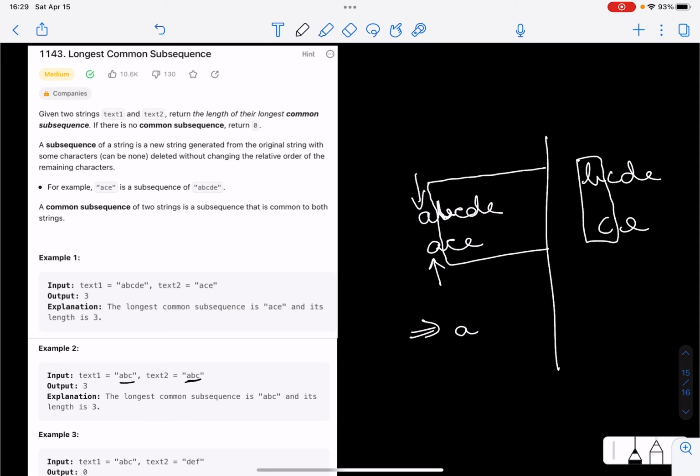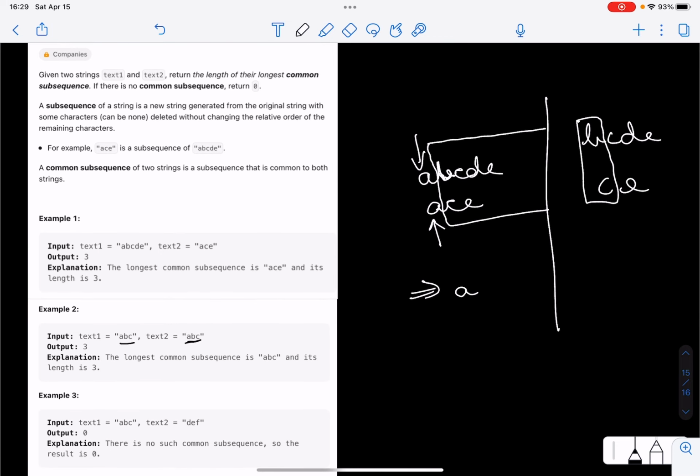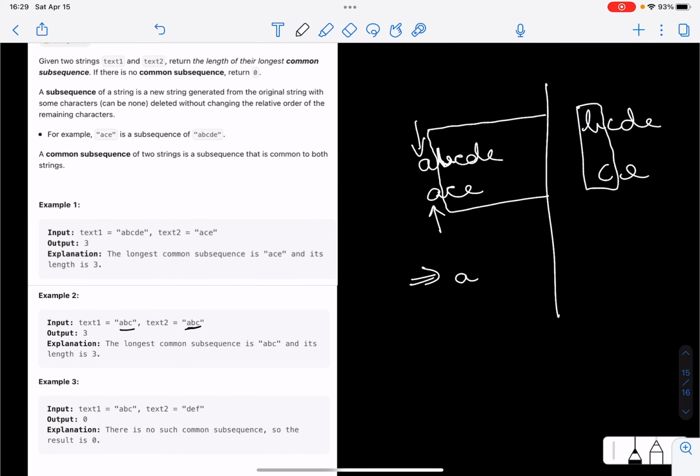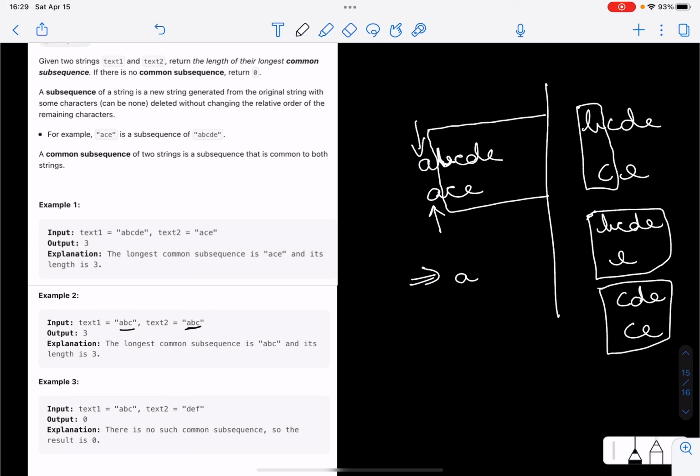We see that they are not equal, which essentially implies that we have to try to find our subsequences between B, C, D, E, and E, or it can also be in C, D, E, and C, E. So we look at both these strings. Why do we do so?